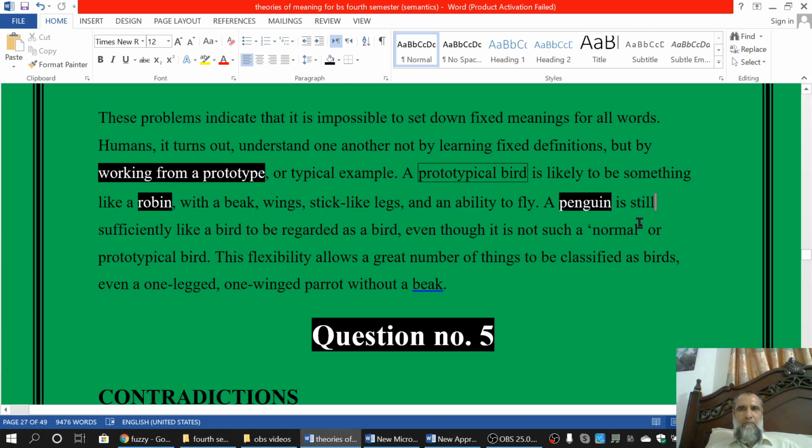A penguin is still sufficiently like a bird to be regarded as a bird, even though it is not such a normal or prototypical bird.